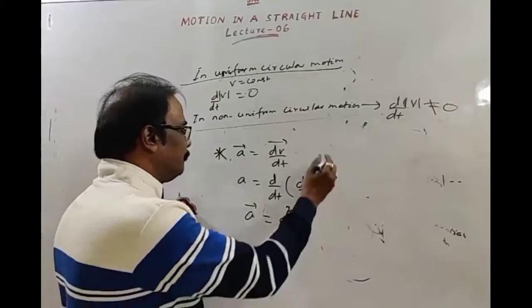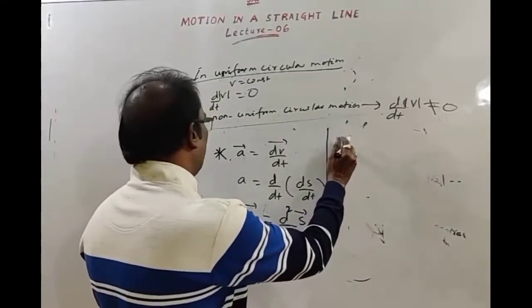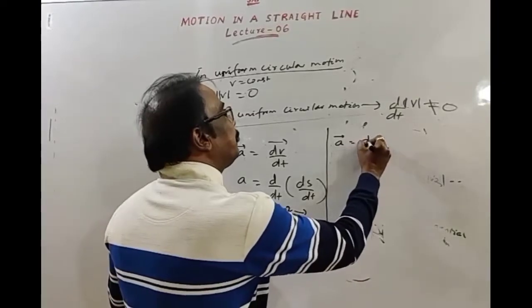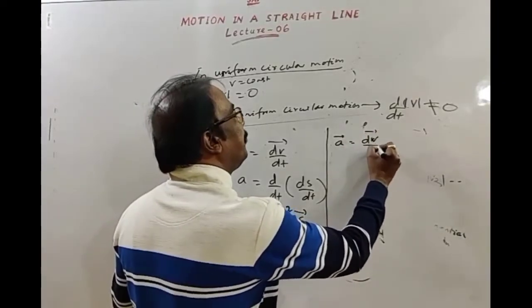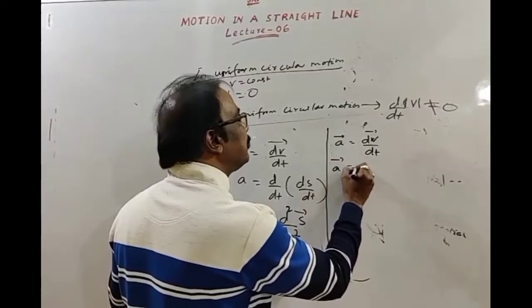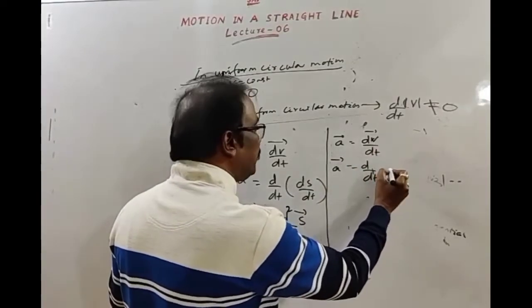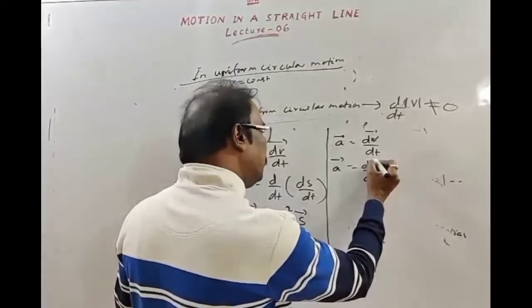Again, another form, acceleration is equal to dv by dt. We may write acceleration is d by dt of v.